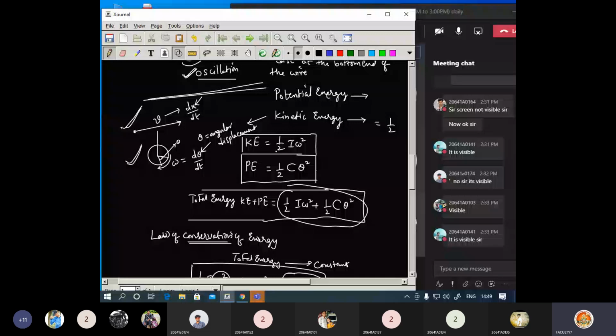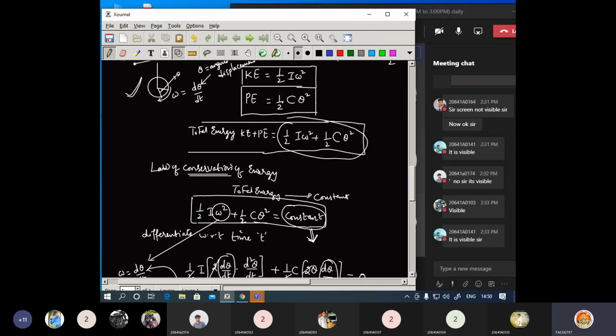The kinetic energy and the potential energy are expressed here. As both energies are there, you take the total energy, the sum of these two equations. According to the law of conservation of energy, the total energy should be conserved, that is, it should remain constant. So you wrote the resultant expression equal to a constant.